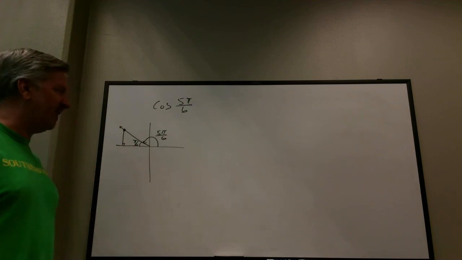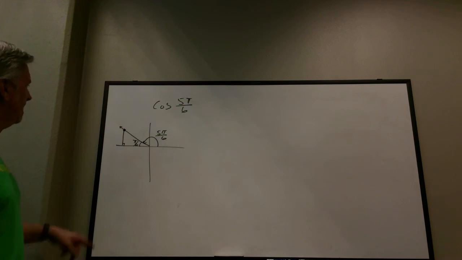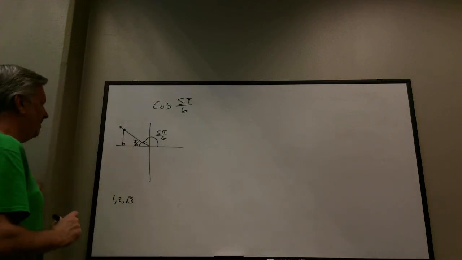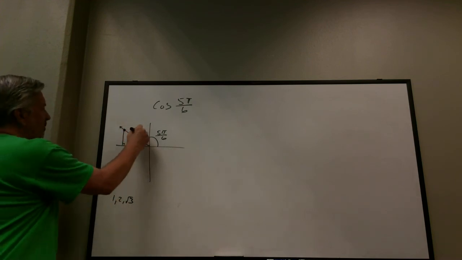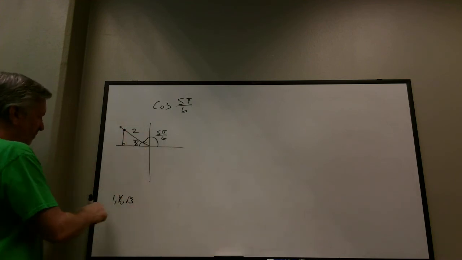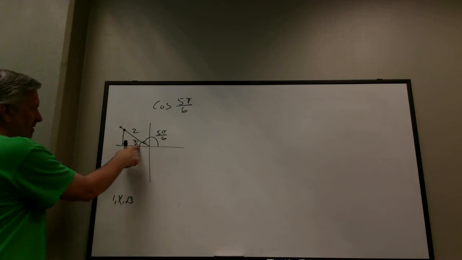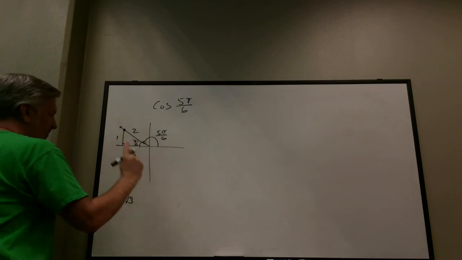It said find the exact value, so you know it's a special triangle. So this is your 30-degree angle, so it's a 1, 2, square root of 3. Those are the 3 numbers. 2 is the largest, so it goes on the hypotenuse. Of the remaining 2 numbers, 1 is the smaller of the 2, which means it goes across the smallest angle. That's the 30, that's the 60 degrees. So the 1 goes here, and square root of 3 goes here.